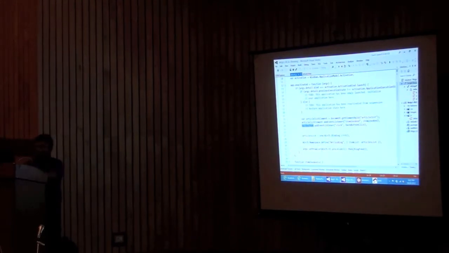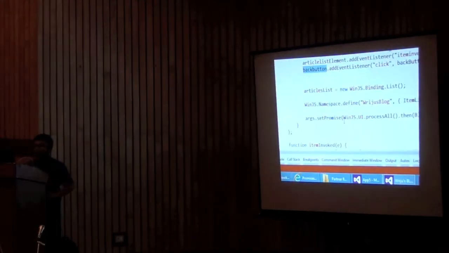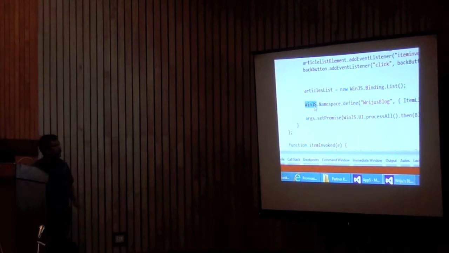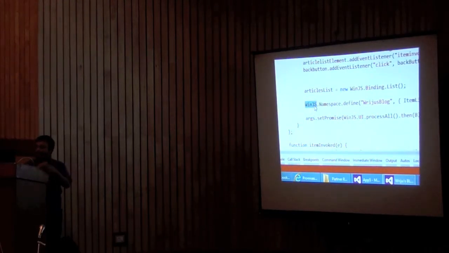So what may the declaration look like? It may look like WinJS.Namespace.define, and you put some arbitrary text which uniquely identifies your function's parent or container. So why is this here? Let's say I'm using some JS library which has getHTML, and I also built some function which has getHTML.